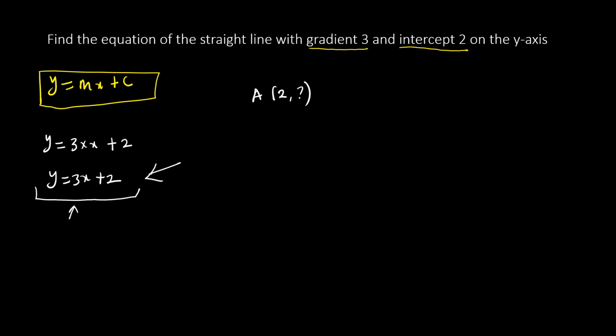So we can simply substitute the value of x to be 2, and we solve for y. So here we have y equals 3 times 2 plus 2, and this equals 6 plus 2, that is 8. So we can write that the coordinate of A is (2, 8). And this is how we can apply the equation of a straight line.